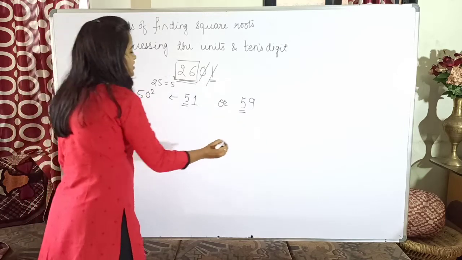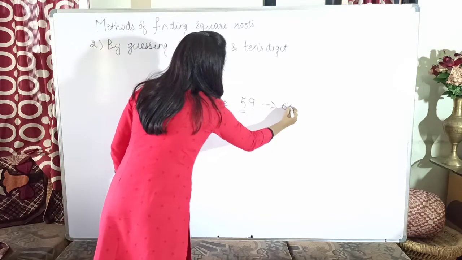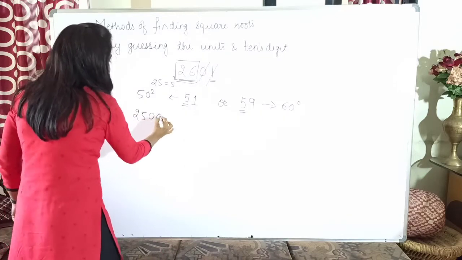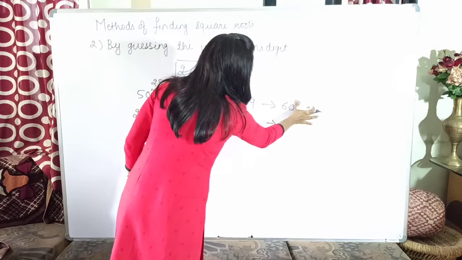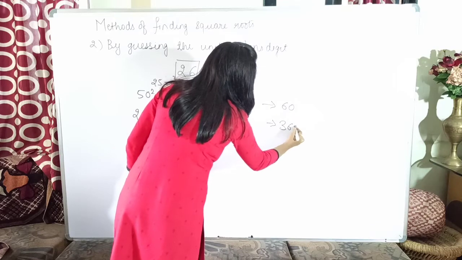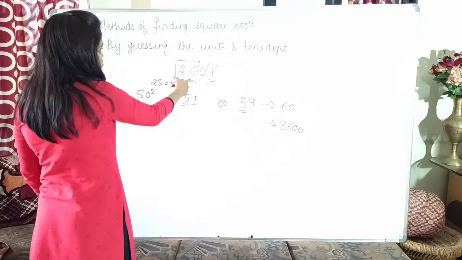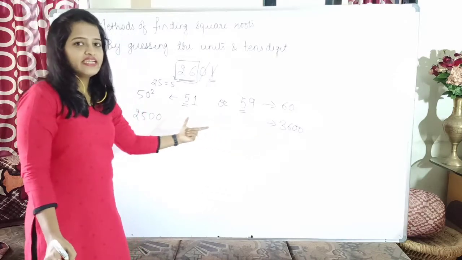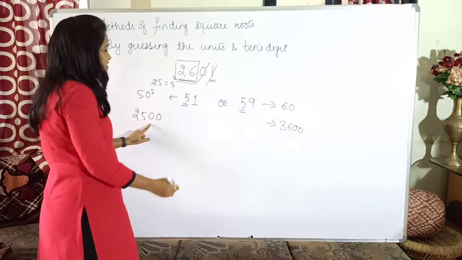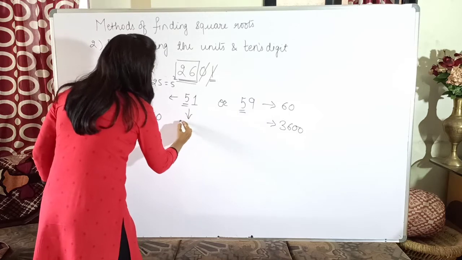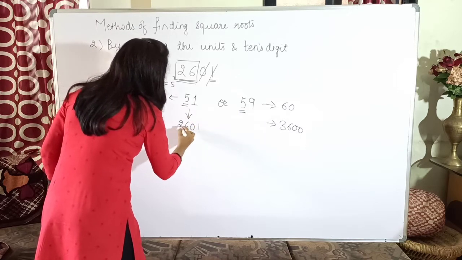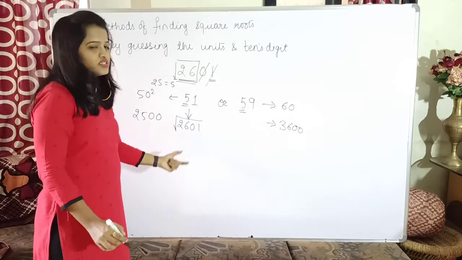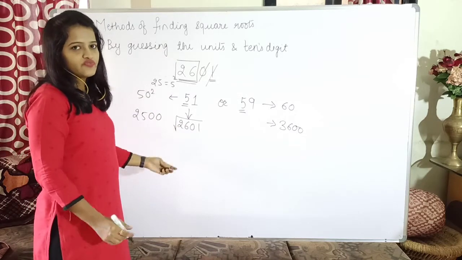Take the square of 50 and the square of 60. The square of 50 is 2500, whereas the square of 60 is 3600. Now 2601 is nearer to 2500 or 3600? It is nearer to 2500. So definitely 51 will be the square root of 2601. Okay, so this way you have to find.